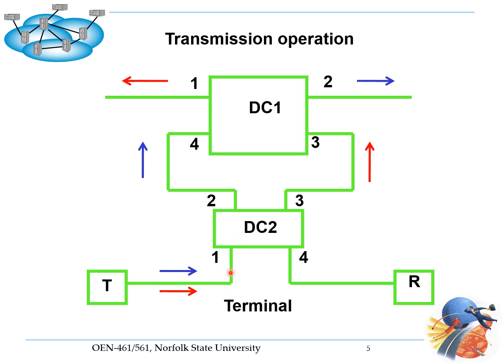So if light enters port 1 of the second directional coupler, 50% will continue to port 2 and 50% to port 3. That light that continues to port 2 will enter port 4 of the first directional coupler, and then will exit through ports 2 and 3 of the first directional coupler.